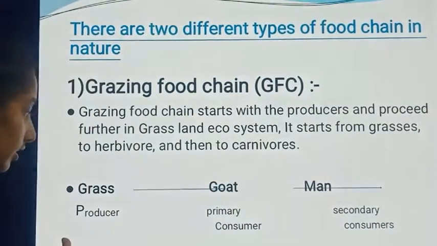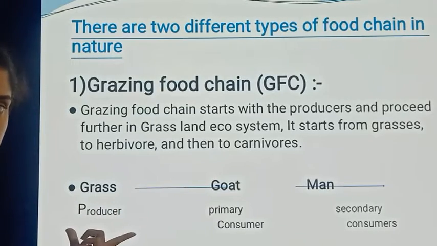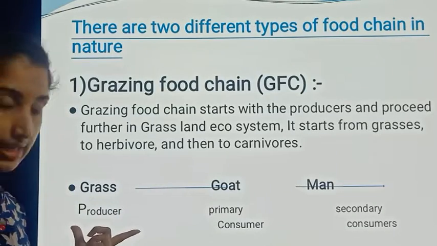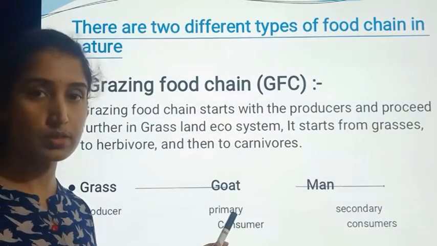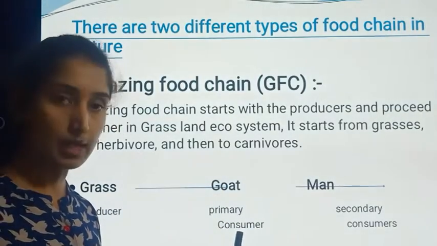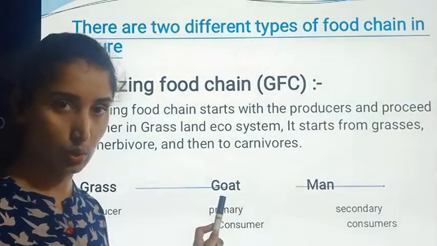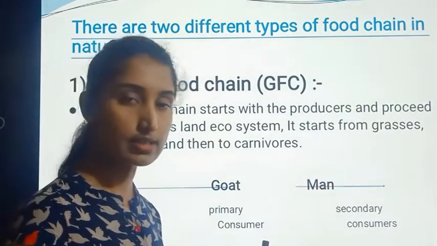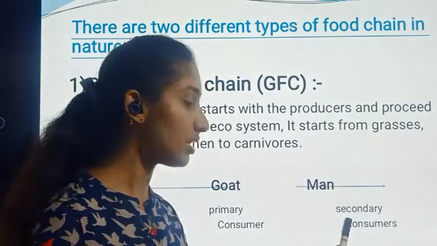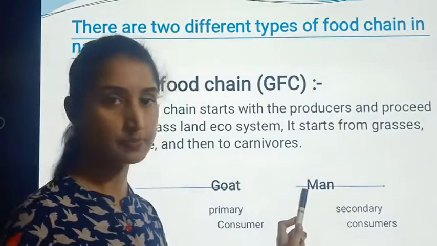We have taken an example here. The producers are nothing but grasses, and the grass is consumed by the primary consumer, for example a goat, and this primary consumer is eaten by the secondary consumer, that is nothing but man.